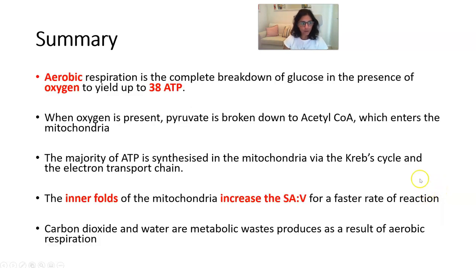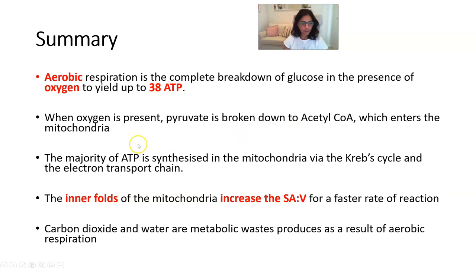Okay, here's a summary of what we've talked about so far in this section. Aerobic respiration only occurs when oxygen is present, and the complete breakdown of glucose can yield up to 38 ATP. When that oxygen is present, the products of glycolysis, which are pyruvate, can be further broken down to acetyl coenzyme A, which will enter the mitochondria.